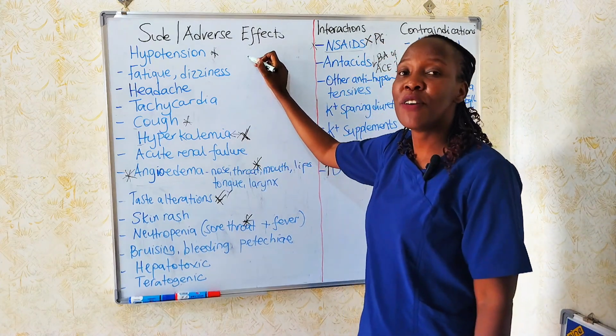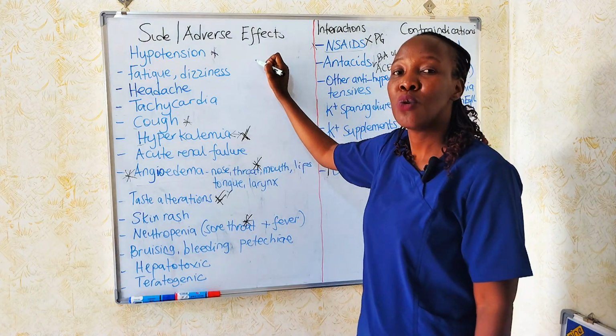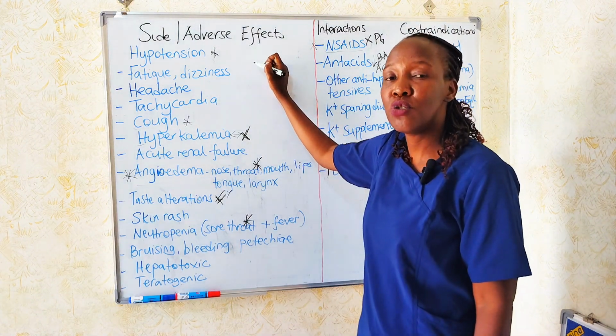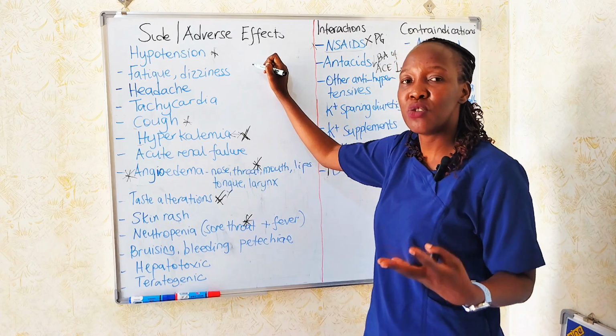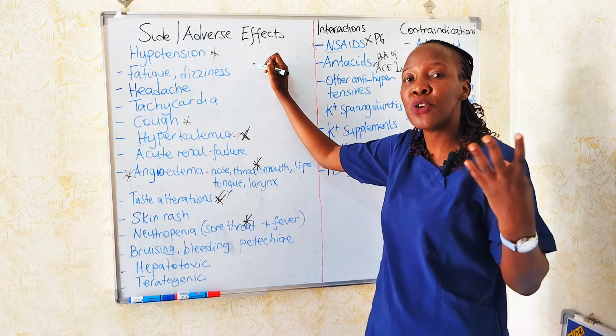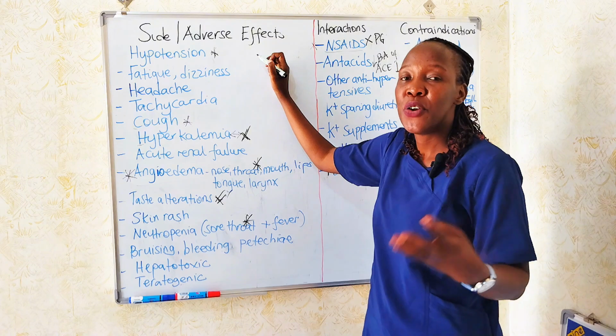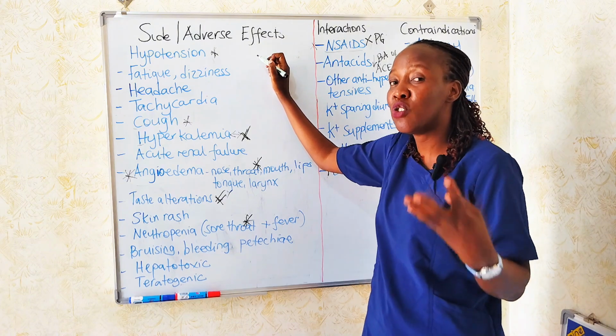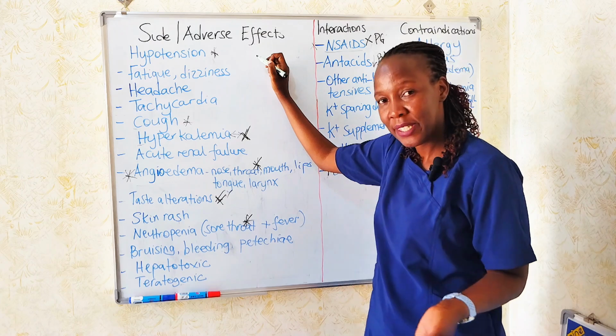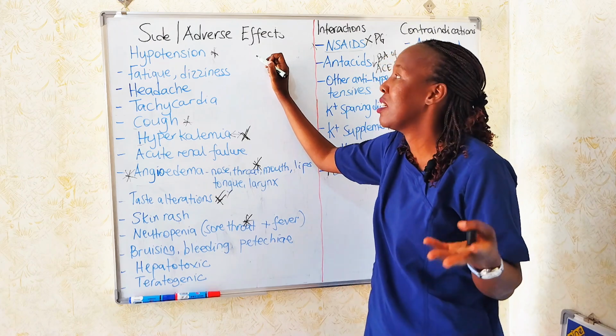Which of the following adverse effects would you attend to first? So you want to prioritize who you're going to see first. Remember, the person you're going to see first is the one who is very unstable, the one whom if you don't do anything, something wrong is likely to happen.